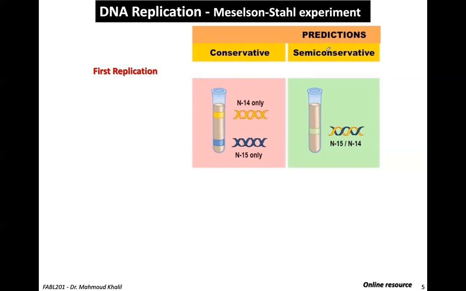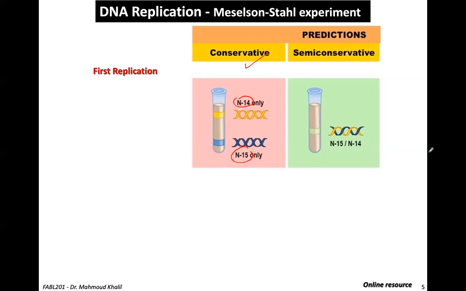If you want to predict a conservative mechanism, as we said, N15 is heavier than N14. So if the replication is occurring by a conservative mechanism, when you do a gradient centrifugation, you will see two forms of DNA.